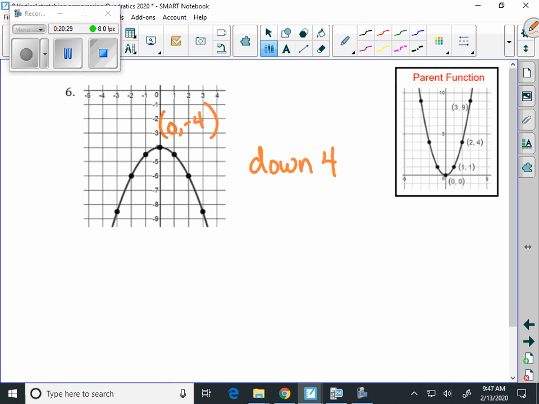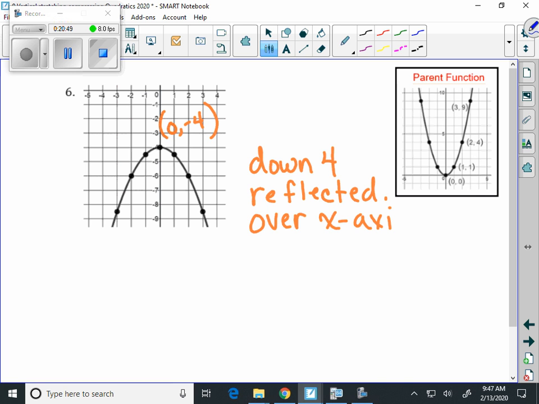This time our graph is turned upside down, so to speak, which means that we reflected over the x-axis. We turned it upside down.